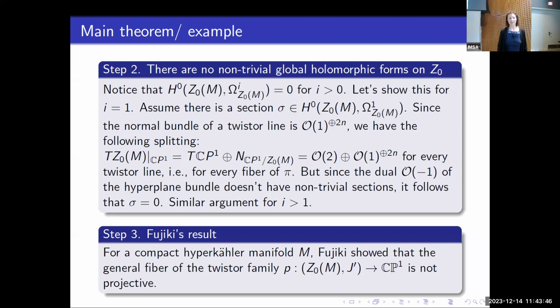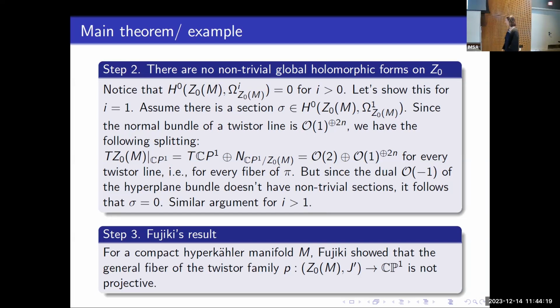So the tangent space of the small Twistor space restricted to a Twistor line is just O(2) plus 2n copies of O(1). But then the dual of it, which is omega 1, doesn't have non-trivial sections. Okay, so now we know that there are no global holomorphic forms on Z0.